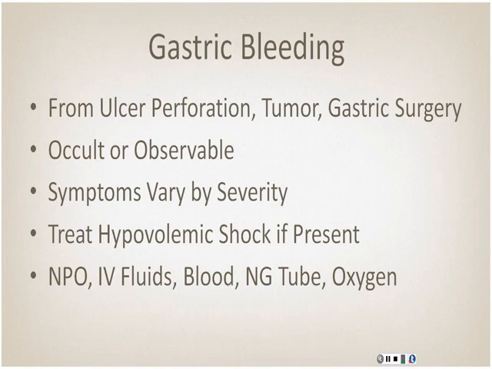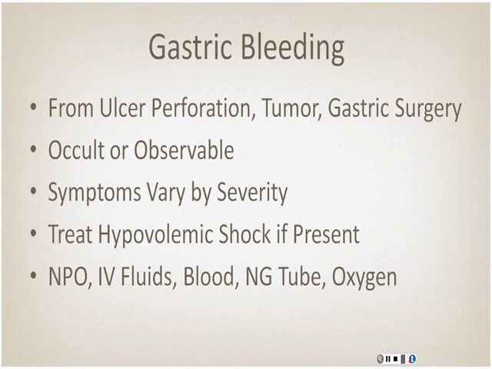So gastric bleeding, this can be from ulcers or perforations, tumors, or gastric surgery. Blood could be occult, which means it's hidden in the stool, or it can be observable, such as vomiting blood or those dark tarry stools.